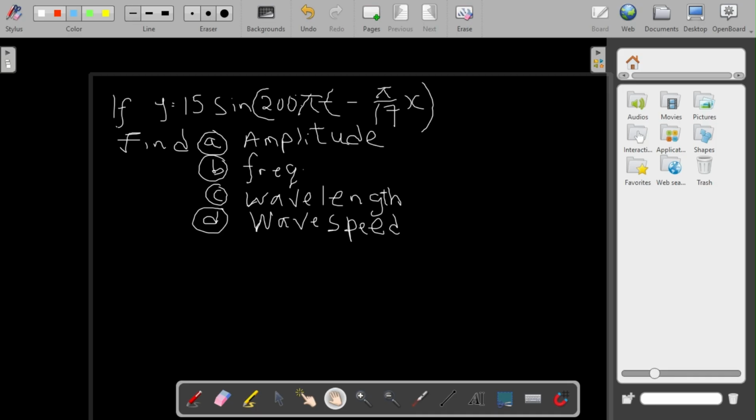So if we are going to solve something like this, the first thing we'll consider is, let's write out the formula.